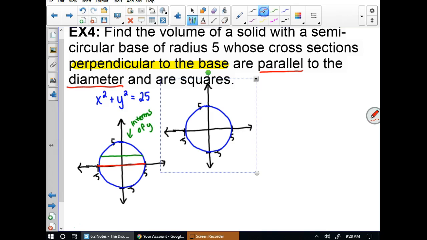Or you could use this vertical one here, and you would have cross sections that were vertical, in this case, perpendicular to the x-axis. So this is in terms of x.